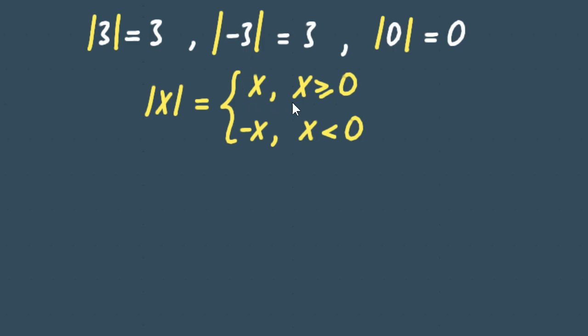With the first line here, I hope everything is clear. To get the absolute value of a positive number, we just need to discard these straight dashes. What is written in the second line? If the number is negative, we need to put another minus sign in front of the number.